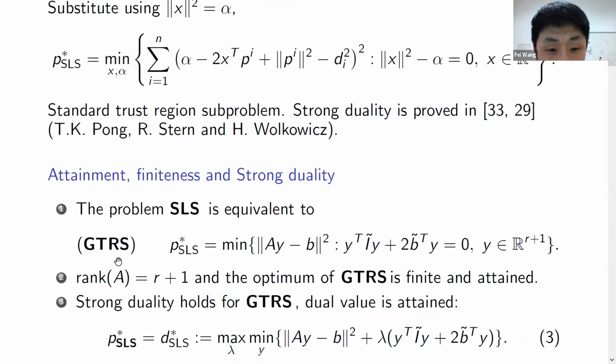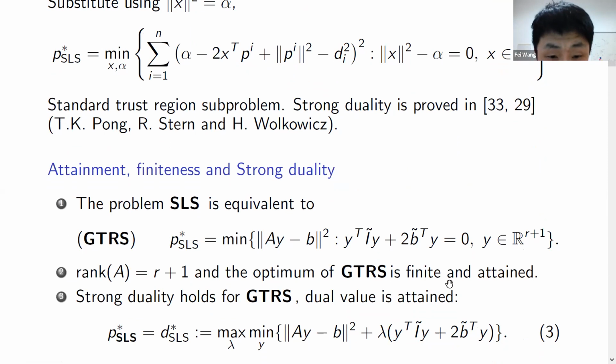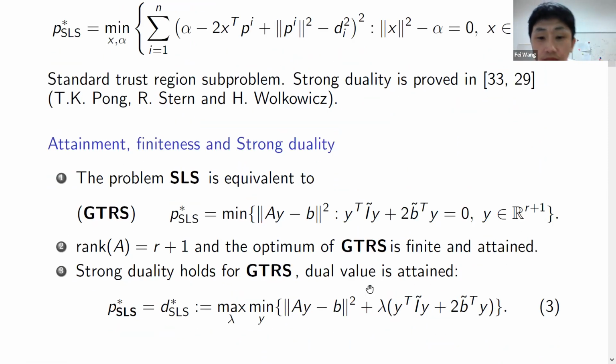The SLS is equivalent to GTRS, which means that their optimal values are the same. The optimal value of GTRS is finite and attained. And strong duality holds for GTRS. The dual value is attained.